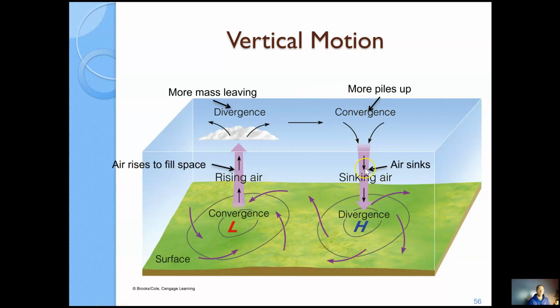We get sinking air from aloft. And so the big takeaways here are rising air is often associated with clouds, showers, rain, snow, thunderstorms. Whereas sinking air is going to be your blue, clear skies, sunny days. And so these are generally what we associate with low and high pressure. And we'll get into this next week.